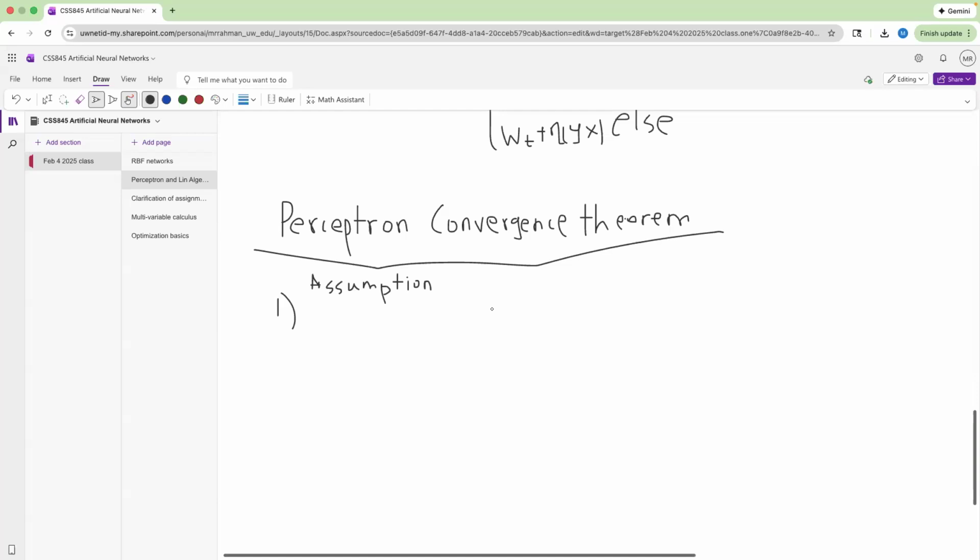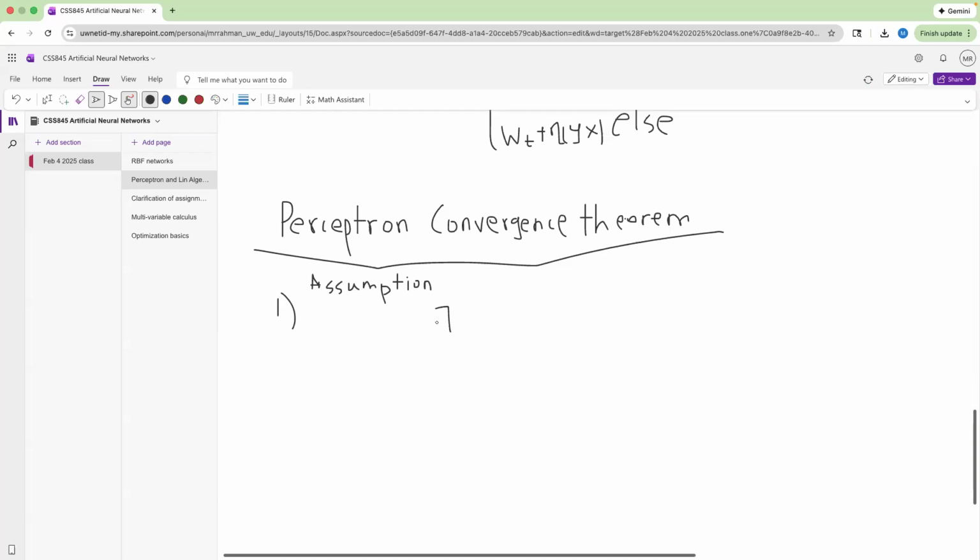So we looked at examples of non-linearly separable data sets, right? If that is the case, then the perceptron is not guaranteed to converge. But if the data is separable, then we can converge, right?